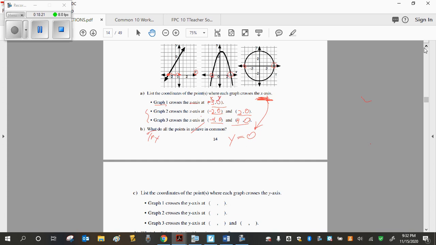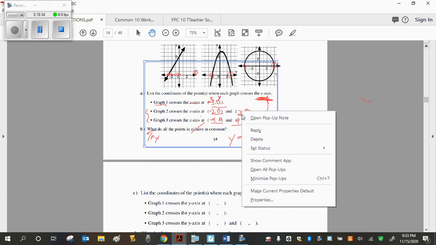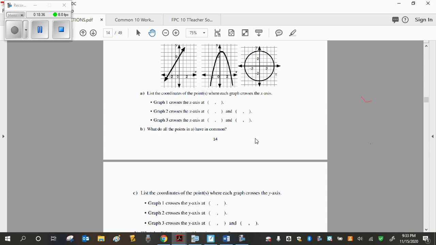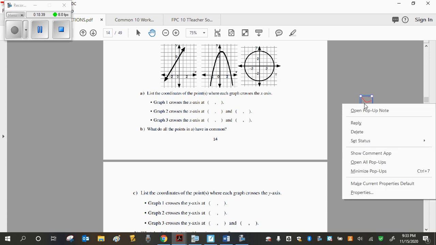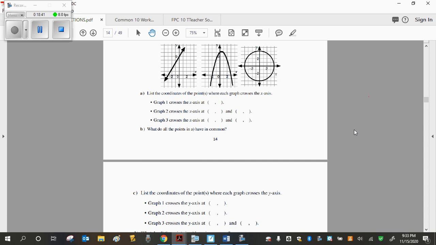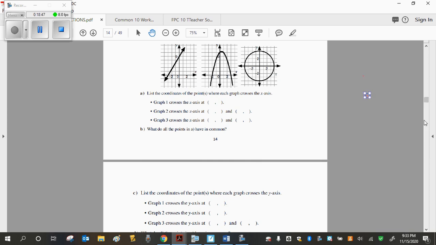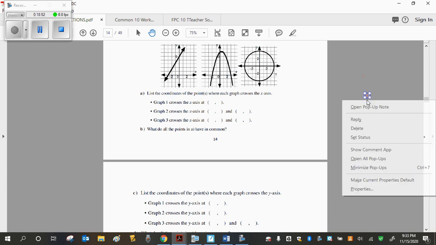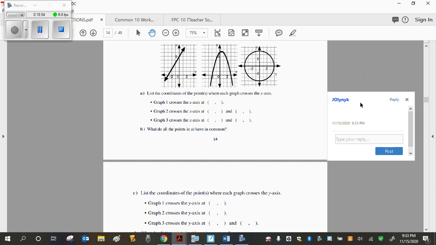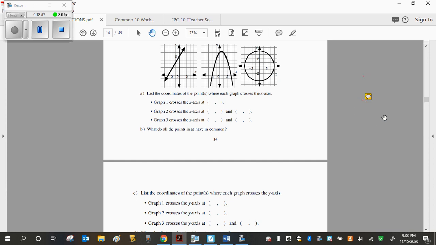Find the y-intercepts of graph 1, 2, and 3.